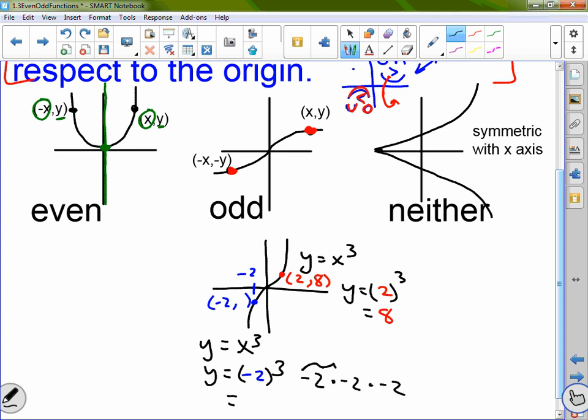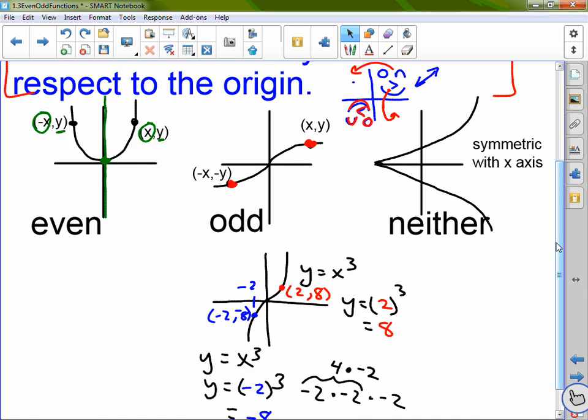Remember, a negative times a negative is a positive, so we'll get positive 4, but then we're multiplying by negative 2 again. So we wind up getting negative 8. So we get the point (-2, -8). And so that's the example of this odd function where we started with 2 positive numbers, then we got 2 negative numbers.